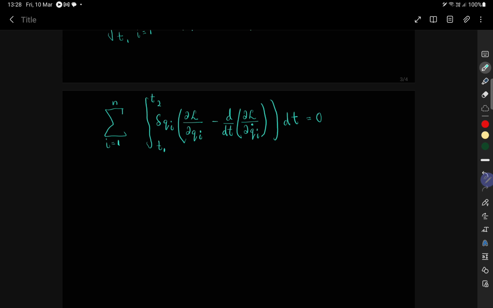And you could argue that these could have differing terms, but you should remember these all are independent. So there is no way that for all dynamic systems these terms would sum up to 0.